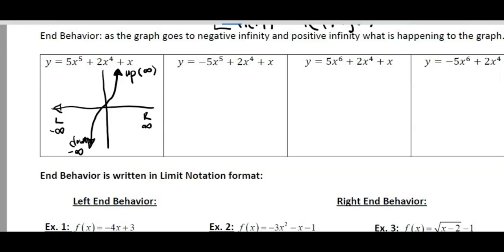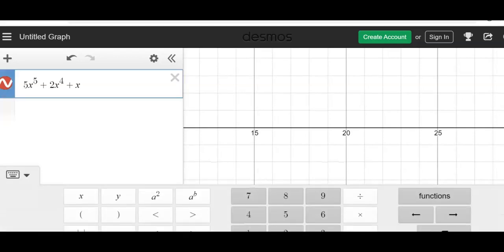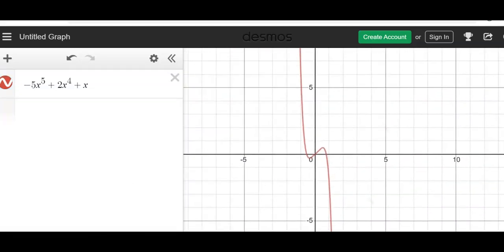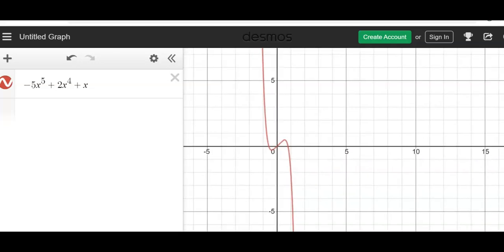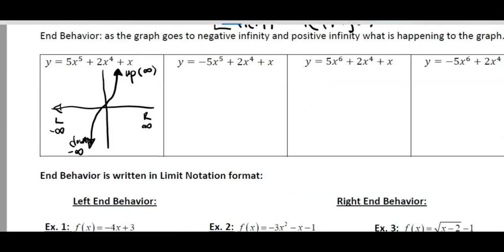If I want to go back to my Desmos, I can graph that and just change the way that the graph looks by changing that plus 5x to the 5th and making it negative 5x to the 5th plus 2x to the 4th plus x, so the rest of it's the same. And so in this case, we see that it sort of does a little zigzag. So in, back to our example, we can graph this.